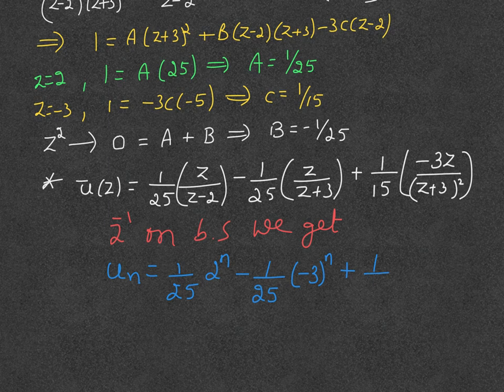Next 1 by 15, this is the kz divided by z minus k whole square format where k is minus 3, so k power n into n, minus 3 power n into n. This is our final solution.